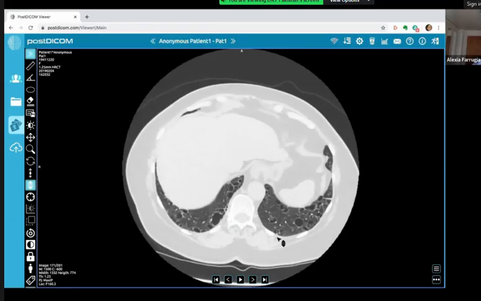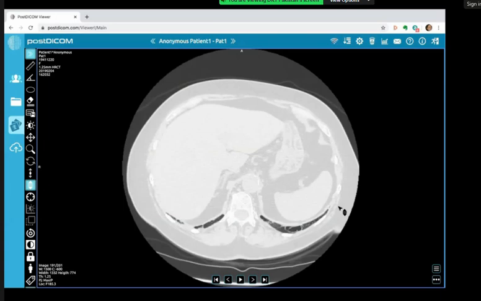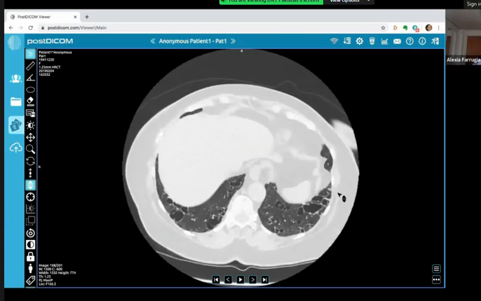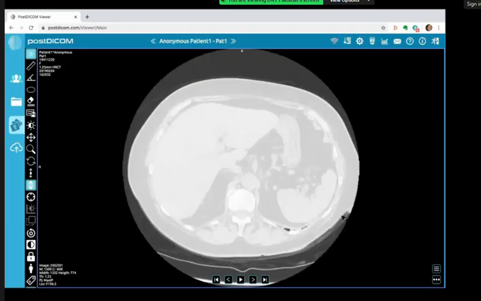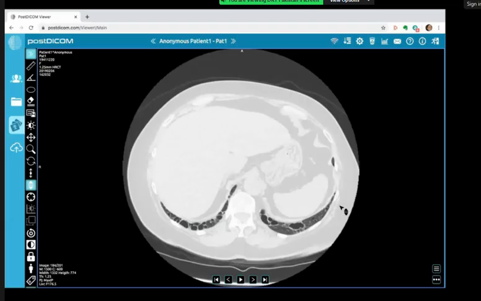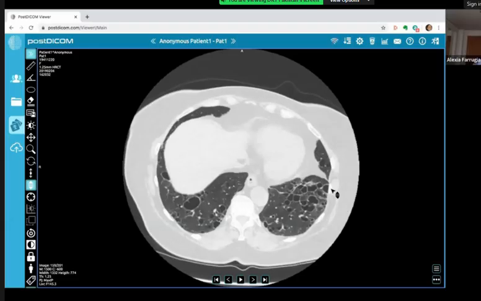There's no sparing, isn't it, of the costophrenic angles? No. So that almost excludes one of the cystic lung diseases. So the lower lobe involvement would make me more inclined to exclude LCH, which I thought would be more superior. Great.